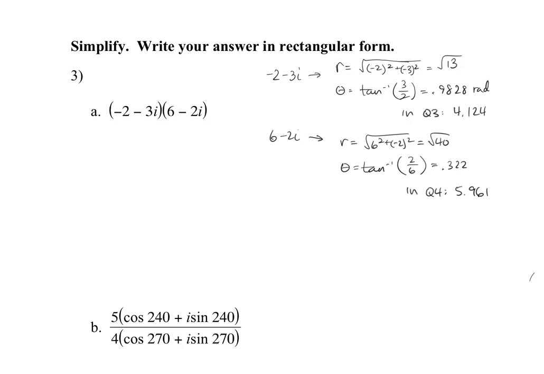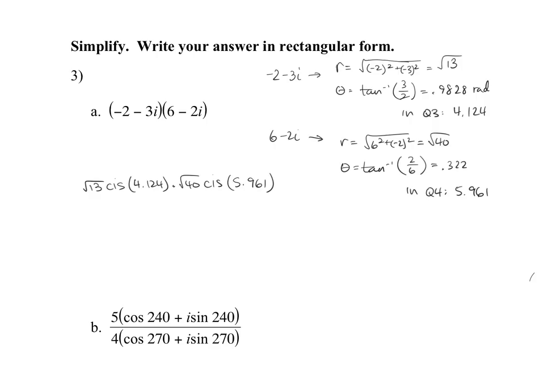So what we have then is this product becomes the product of two complex numbers in polar form. We have square root of 13 times cosine plus i sine of 4.124, times square root of 40 times the cosine plus i sine of 5.961.